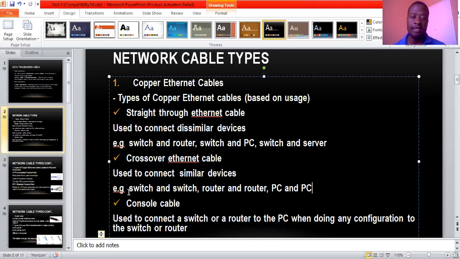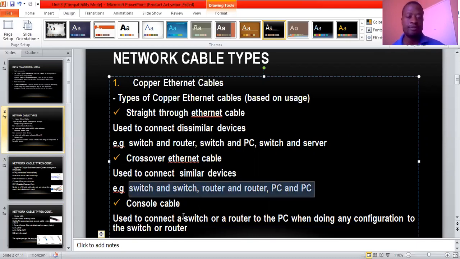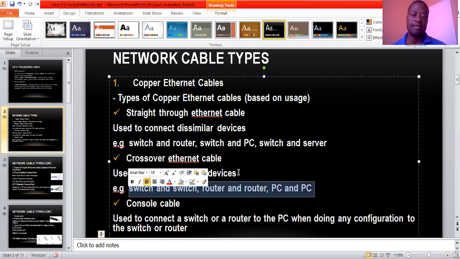If the devices are similar, then you use what we call the crossover Ethernet cable.